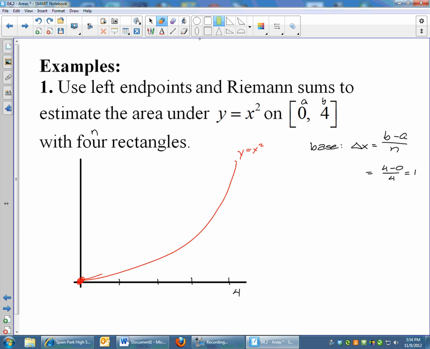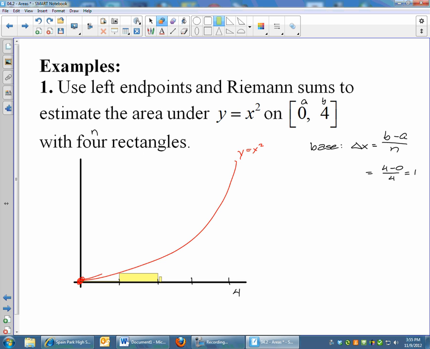So when I draw these rectangles, my first base is going to go all the way to 1, and I raise up until the left side of my rectangle hits the curve. Well, for this first one, my rectangle is not going to go anywhere because the left side is going to hit at the origin, so we actually don't have an area for that first one. Now my second rectangle, I'm going to go from 1 to 2, and I go up until the left corner hits my curve.